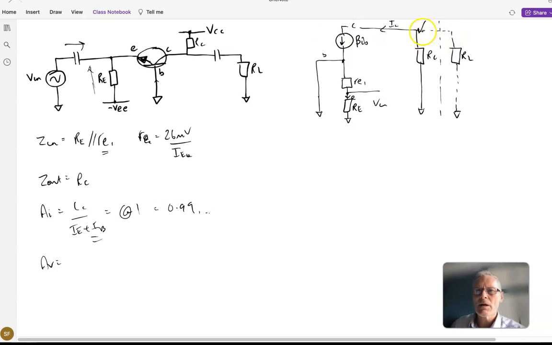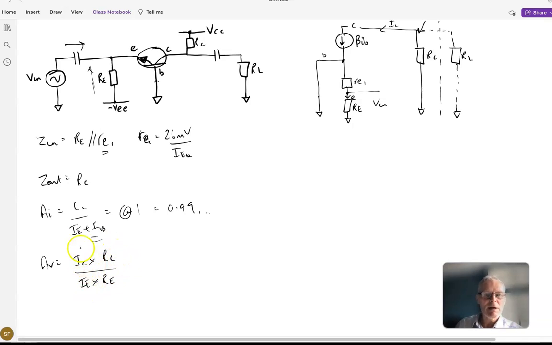So voltage gain, we can see that IC multiplied by RC is going to be our V out, so IC times RC, V out. Now the V in is determined by this IE here multiplied by RE. If we just neglect the IB for a moment, then we'll get IE times by this RE.